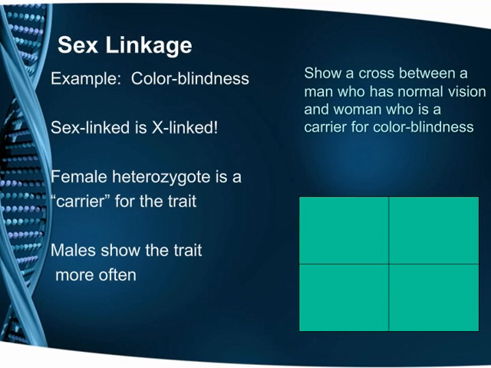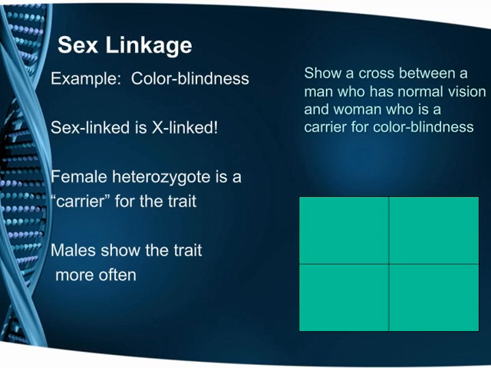Now let's complete a sample Punnett square. We're going to show a cross between a man who has normal vision and a woman who is a carrier for color blindness. The genotype for the first parent is X big B Y. That's the male with normal vision, the dominant trait.